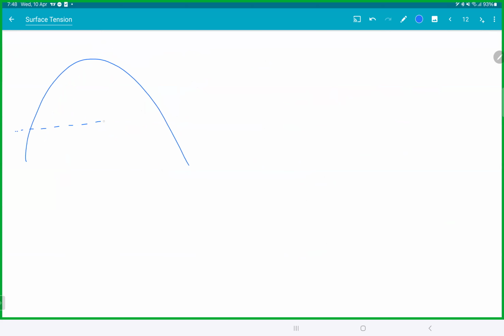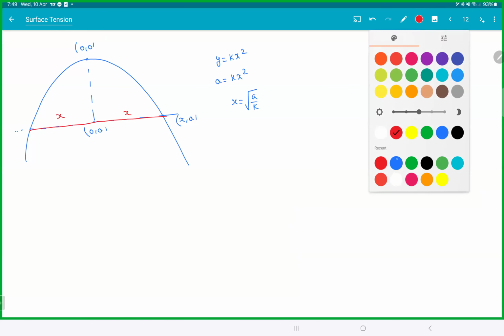So you just want to find this length. This is 0, 0. This is 0, a. So this coordinate will be x, a. So we know y is equal to kx square. So if you put y is equal to a, we get x is equal to root a by k. So this is x.